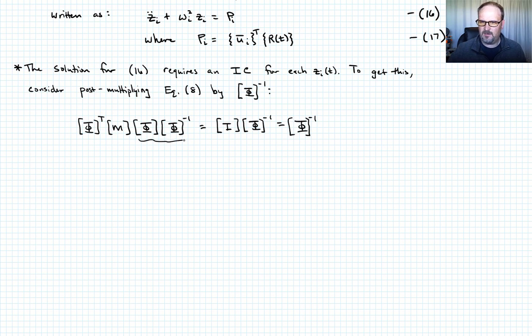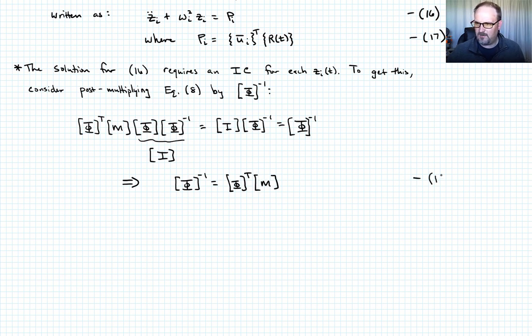What's this quantity? Well, that quantity is the identity matrix, right? So the upshot to this is that I have that phi inverse is equal to phi transpose times m. And we'll call that equation 18.